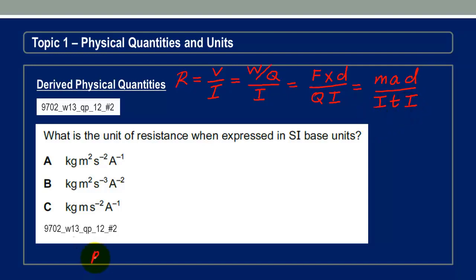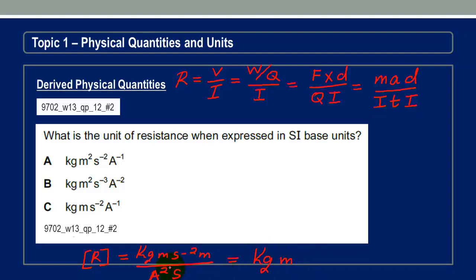So the unit of resistance, we can put it in square brackets like this. The unit of mass is kilograms. Acceleration is meters per second squared. Distance is meters. Divide by current, which is ampere squared, because it is ampere times ampere, and then there is this second there. We go ahead and simplify this. Kilograms is here.